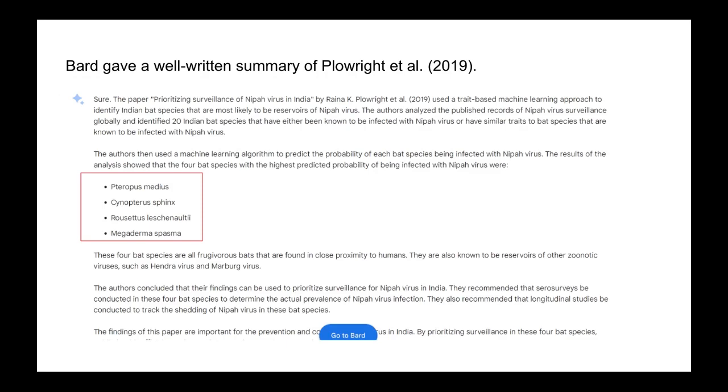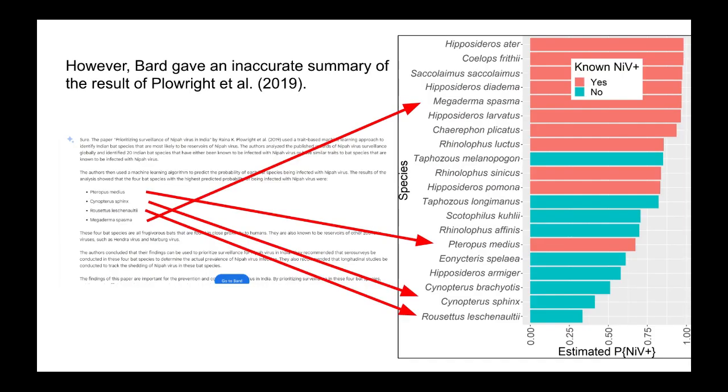However, the second paper also got a well-written summary. This paper is a model to predict which bat species can carry Nipah virus. In this summary, it shows four bat species with a high probability of carrying Nipah virus.